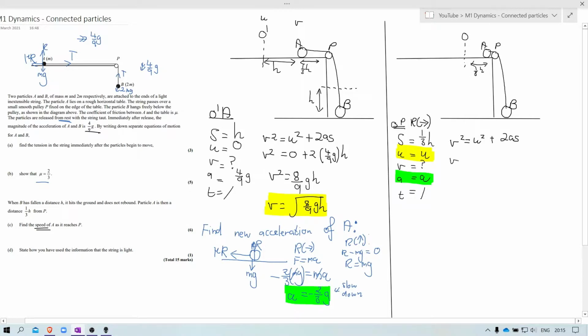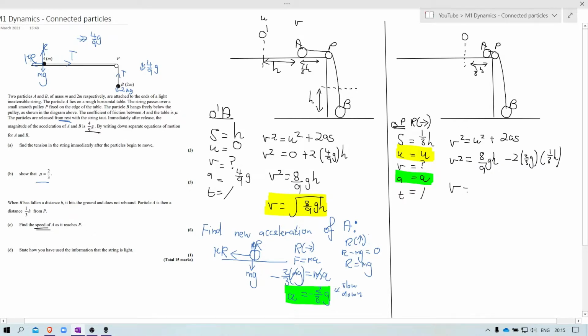V squared we're trying to work out. U squared is 8 over 9 gh, minus 2 times a, which is 2/3 of g. I put a minus here because 2/3 g is negative, and then s is 1/3 of h.